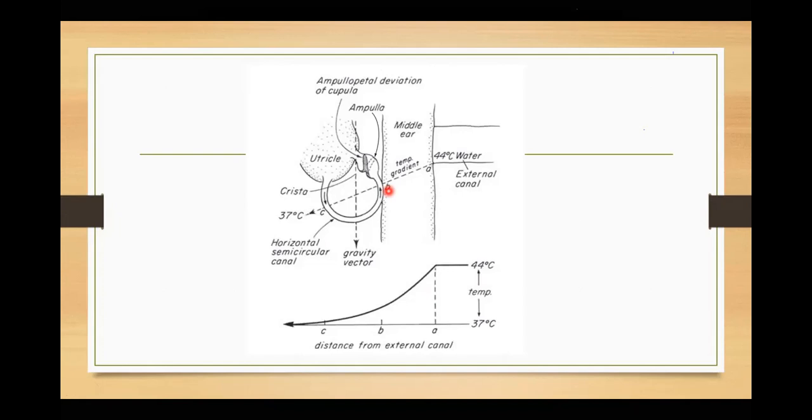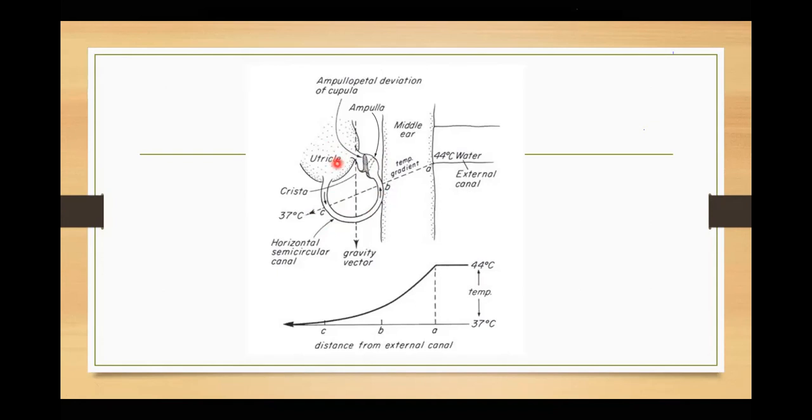So what happens when the volume increases, it tries to flow in a less volume space. So it is going to stimulate the cupula in this direction because it is trying to exit. Okay, and it's trying to exit, it is going to deflect it towards the utricle. So it is going to get me an excitatory response.